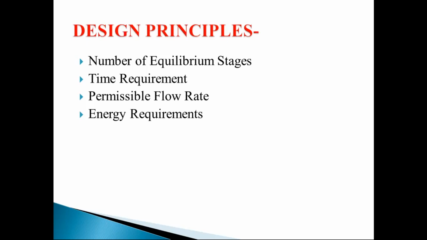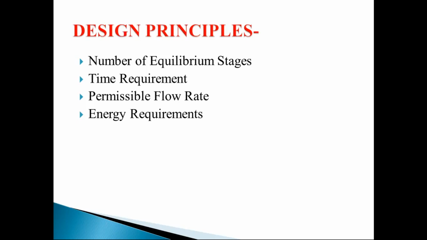The factors which help establish the time are several. Material balances permit calculation of the relative quantities required of the various phases. We should know what is the required quantity and what is the time required for any process. So time requirement is a very important parameter in the design principle of any process.